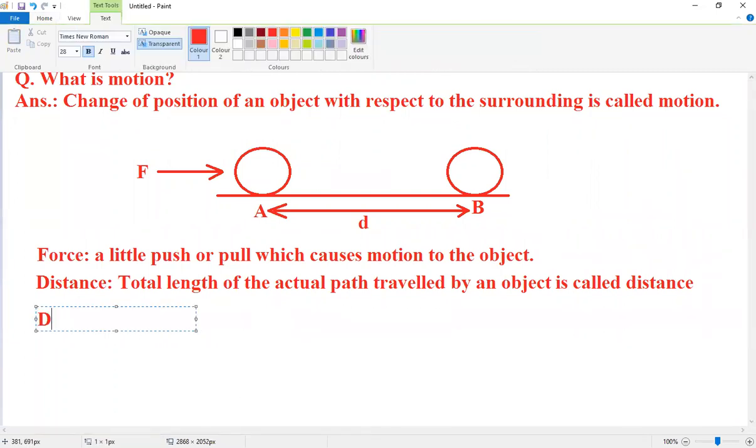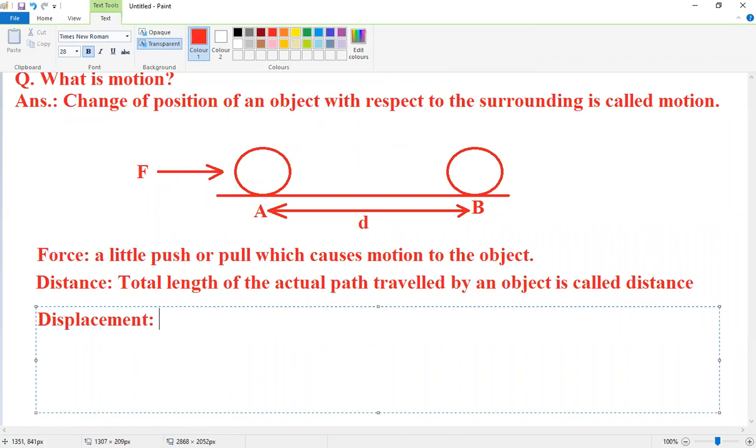So displacement is defined as the shortest distance traveled by an object.